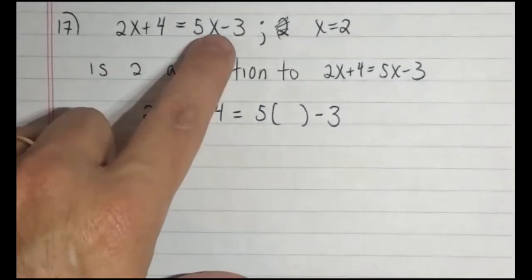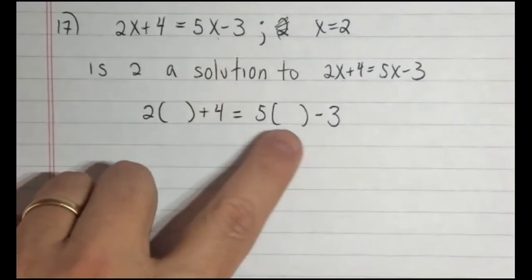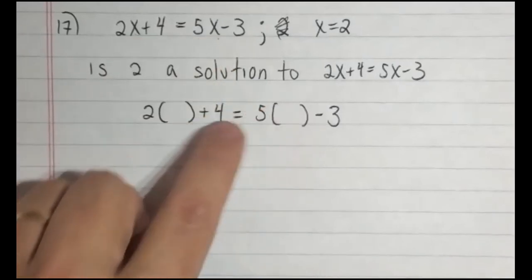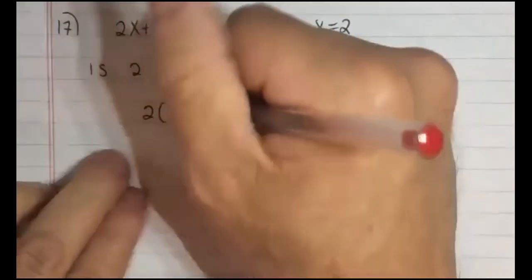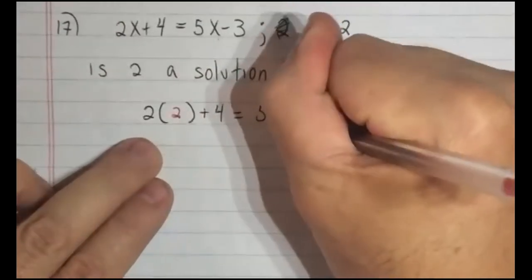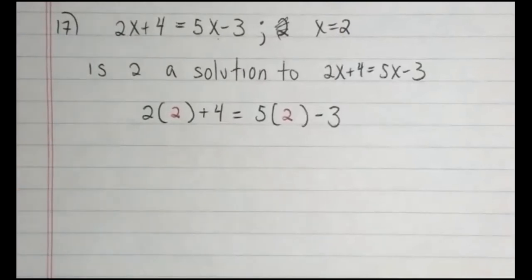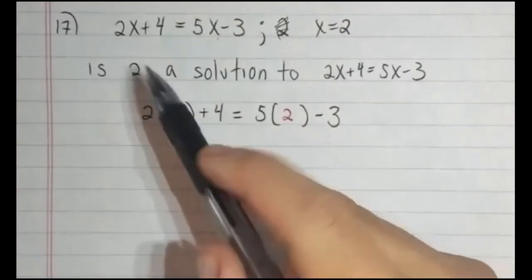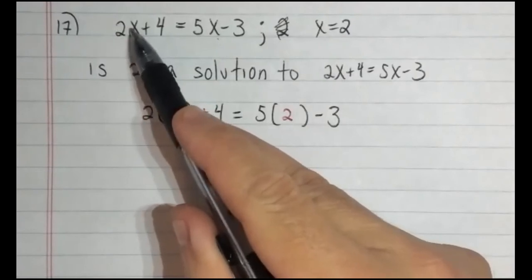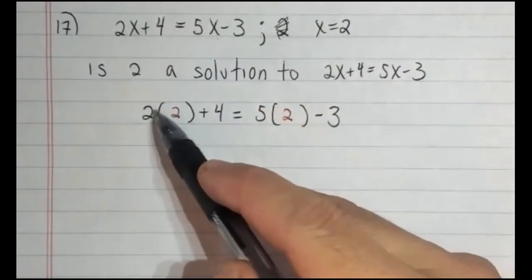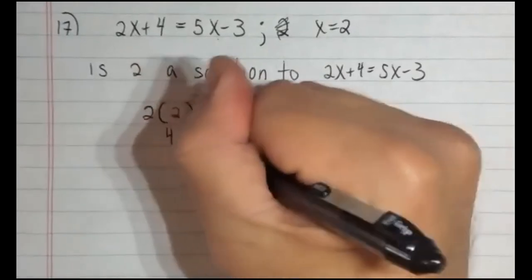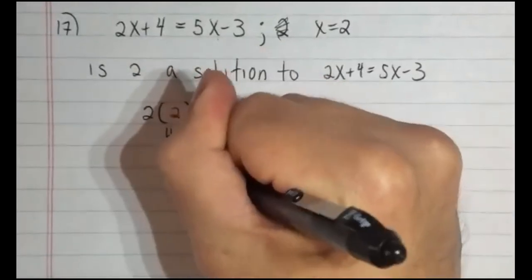So again, I'm going to rewrite the equation. Wherever the x was, I'm going to put parentheses. What am I substituting? I'm using 2. It's probably the second problem we've used where 2 is the value we're substituting. And when I don't see a sign in between the 2 and the x, I always know I'm multiplying. So I'm multiplying right here. 2 times 2 would be 4. 4 plus 4 gives me 8.